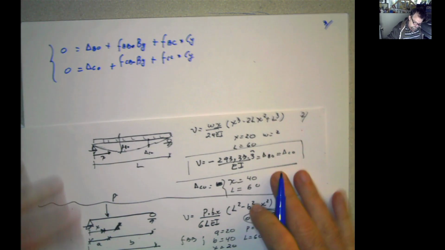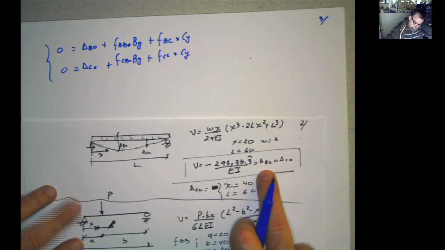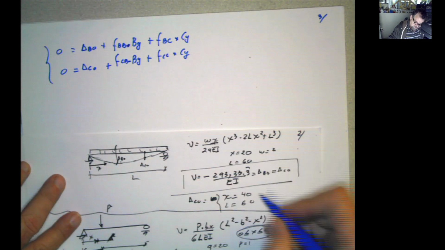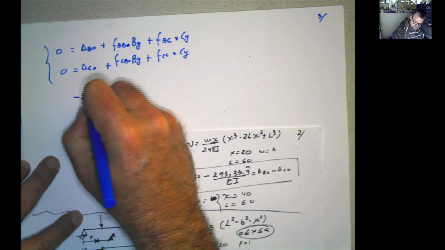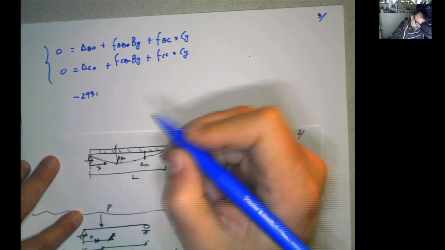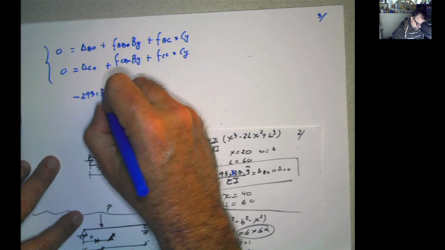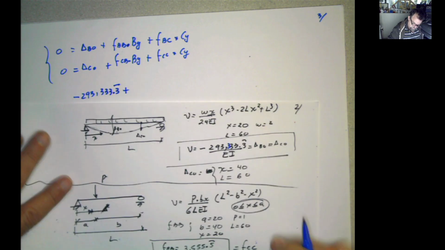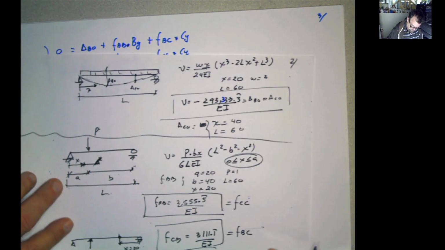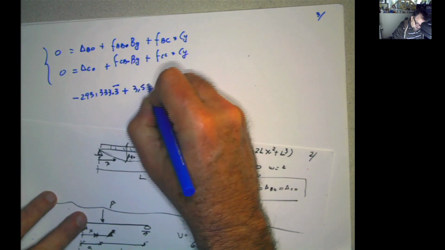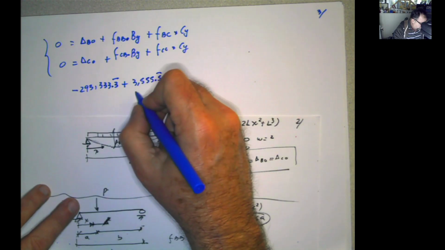What are those values? Well, delta B0, which is this one, I'm going to put it there, is negative 293.333.3 plus FBB, this one, 3555.5 divided by EI.